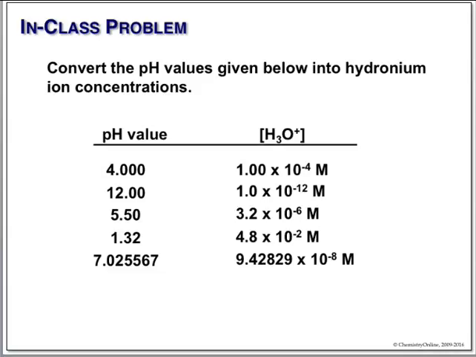Remember to change the sign, and then do 10 to the x. All calculators are different. That's why you need one that you know how to use, because you will have to do very simple conversions like this on an exam. Make sure you know how to do this.